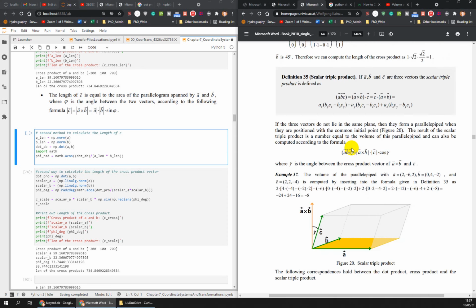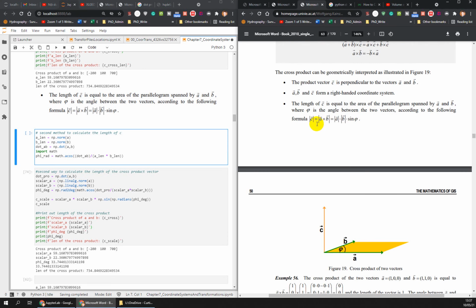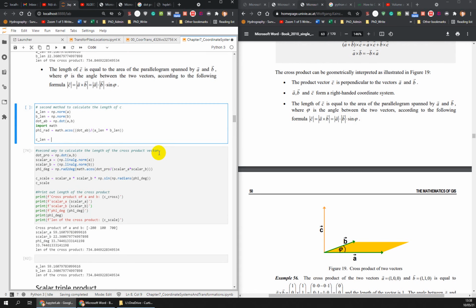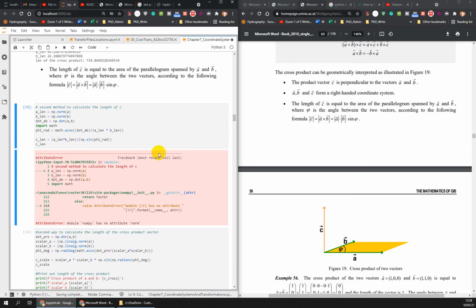Now, looking at this formula, we want to determine the length of the cross product. We have the length of A, the length of B, and the sine of the angle. So C length is going to be equal to A length multiplied by B length, times numpy.sin of phi in radians. Then we get the C length.